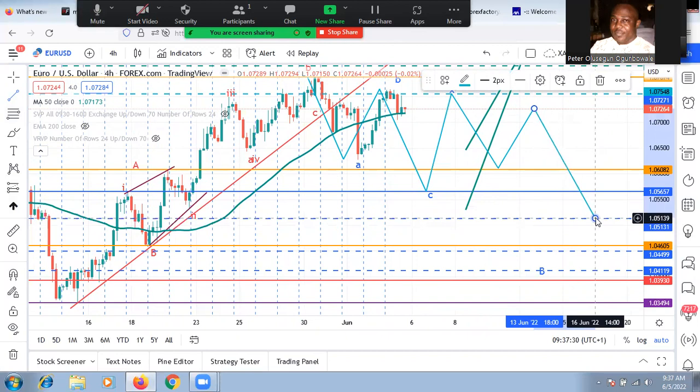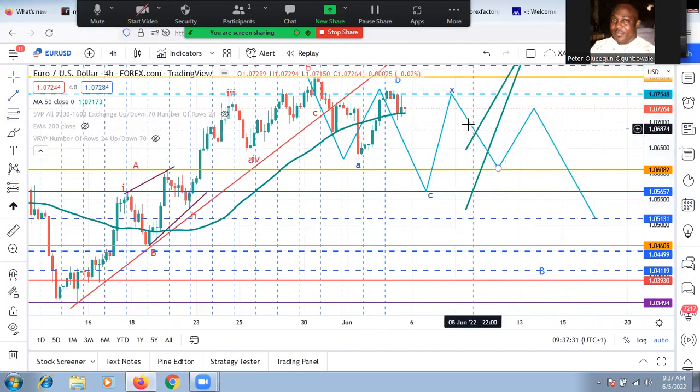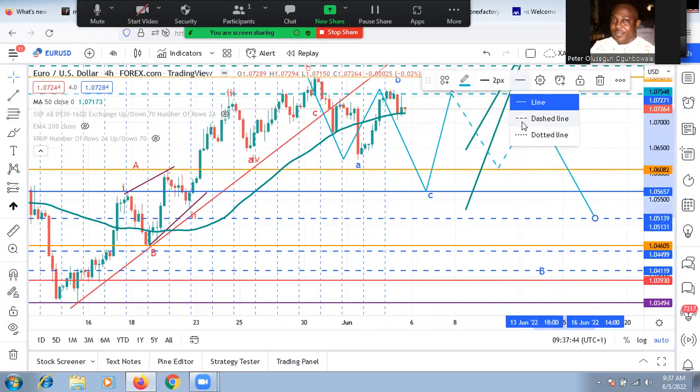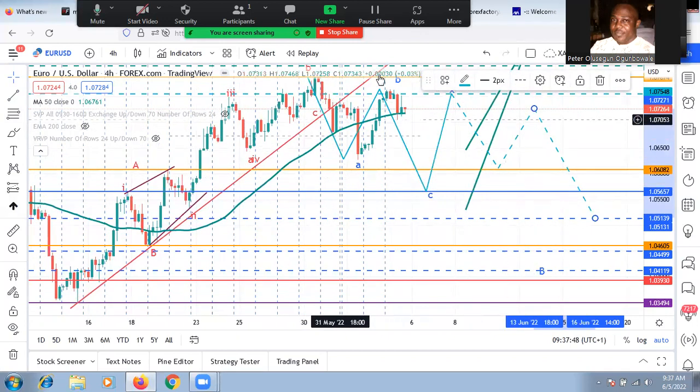It's not impossible, because I'm projecting this structure now, which may happen. And that will now make it 7 swings already: 1, 2, 3, 4, 5, 6, 7.